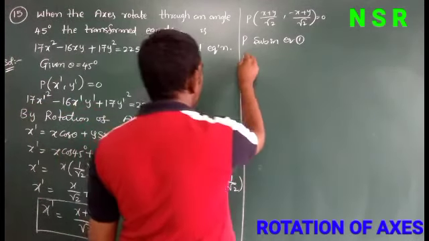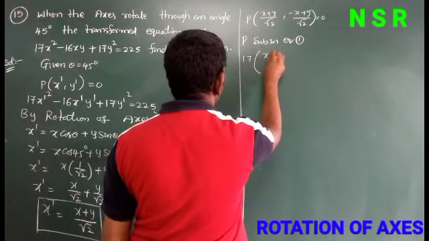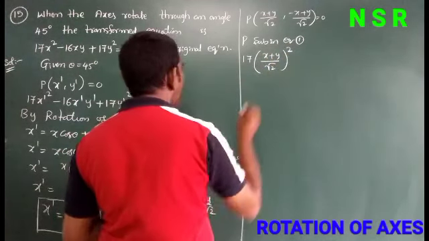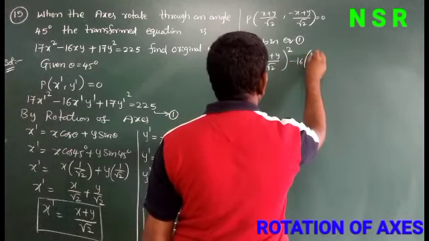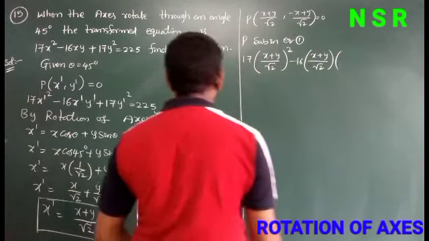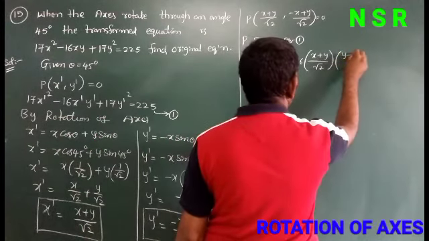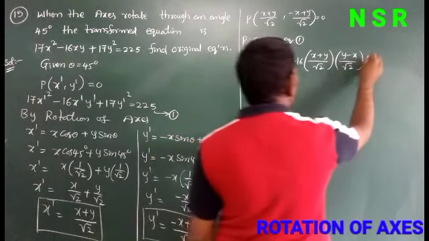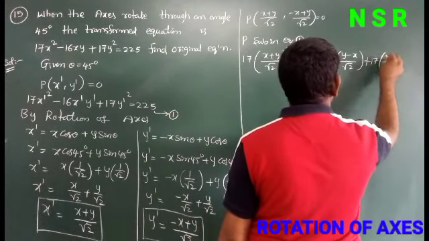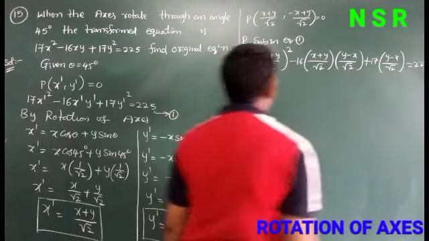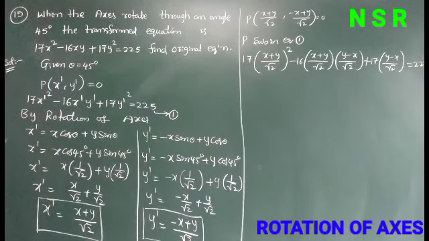Now our equation is 17 into x plus y by root 2 whole square, minus 16 into x dash times y dash, where y dash is y minus x by root 2, plus 17 into y minus x by root 2 whole square, equal to 225.